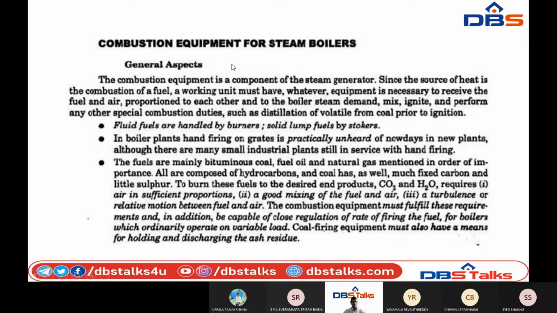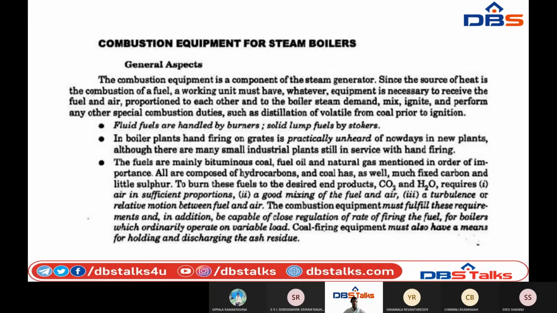The combustion equipment is a component of the steam generator, and the source of heat is the combustion of fuel. Here we mostly use solid fuels, like bituminous coal, and fluid fuels, like petrol, and gaseous fuels, or natural gas and other gases, producer gas, etc.